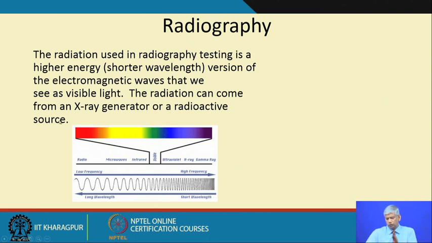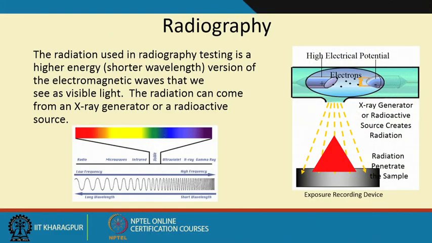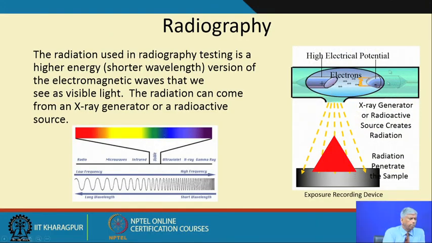So, these X-rays can be used to penetrate into materials, and that is why it is helpful to find out if a foreign object has occurred. For example, I create a high electric potential between a cathode and an anode.